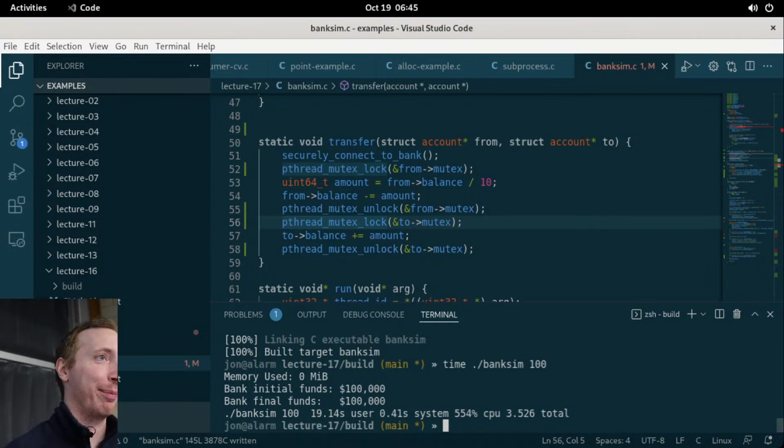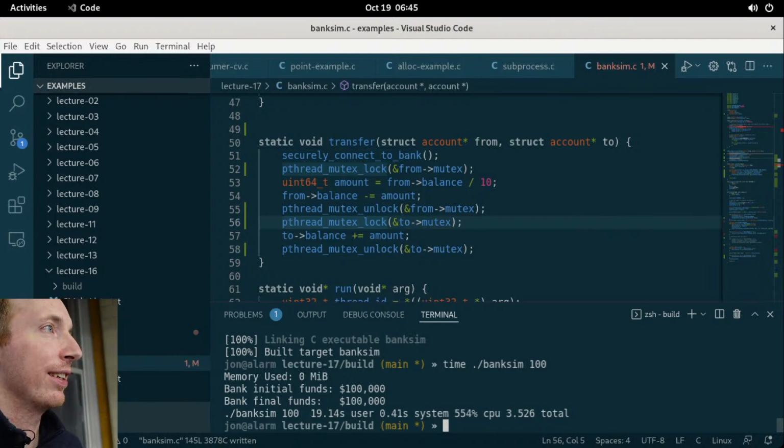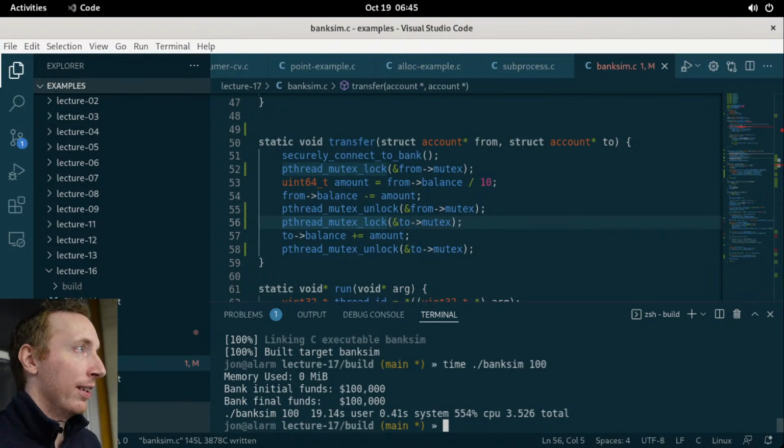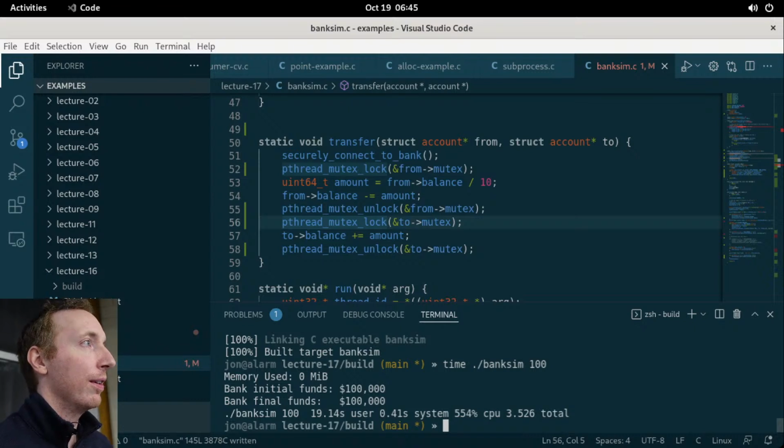Is there a possibility of a deadlock here? I think we should log the account with the smaller account number first, and then otherwise. Oh wait, no. Yeah.